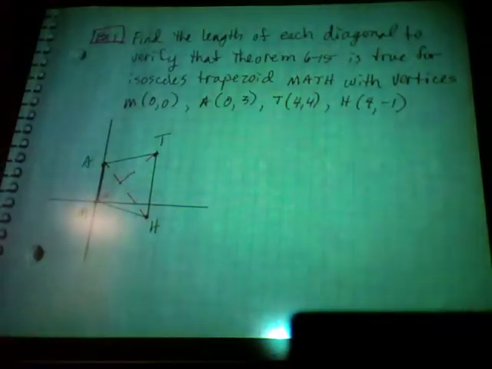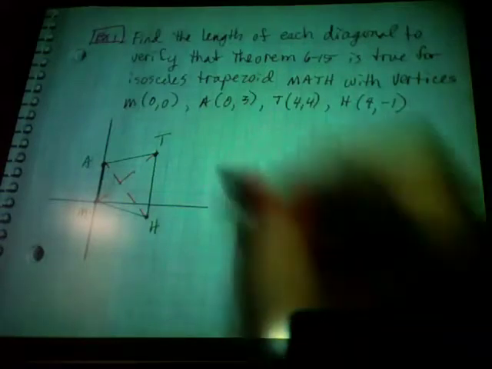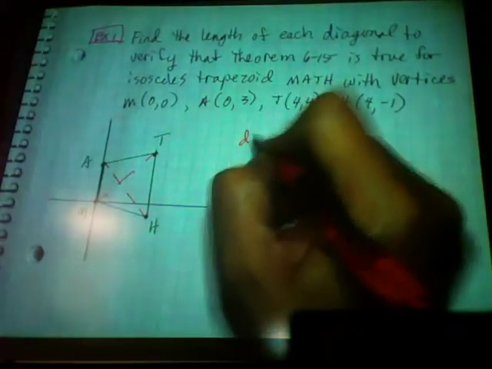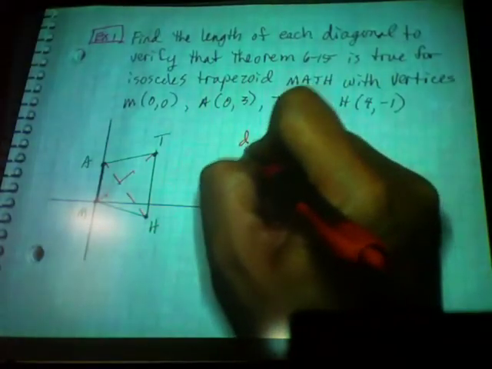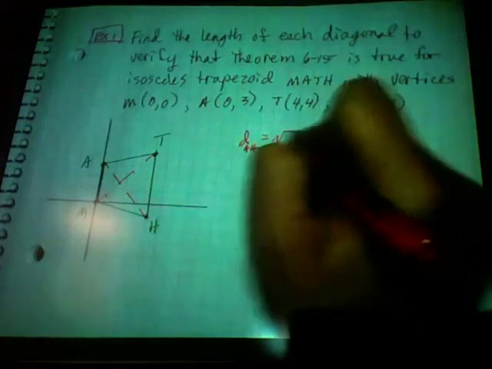Theoretically, what does theorem 6-15 say? If this is an isosceles trapezoid, they both should be what? They're both congruent. So I'm going to find the distance of AH using the distance formula.